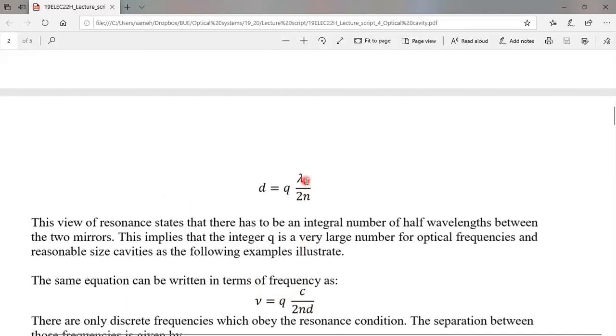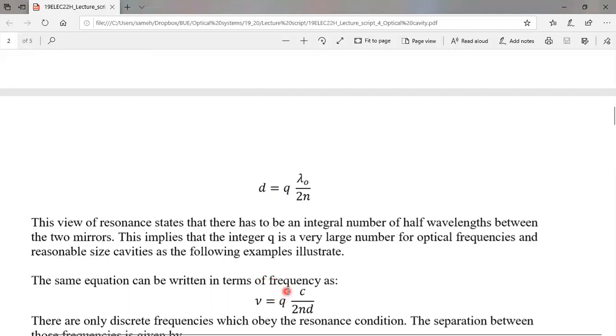What I did here is substitute lambda by c over mu, and then I get all the terms on one side and mu on the other side. This is again a very important equation, because this means that the frequency propagating inside this electromagnetic optical cavity is a discrete frequency due to the term q, because q again is an integer.